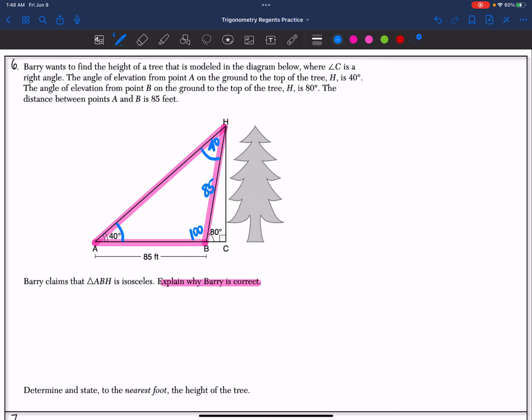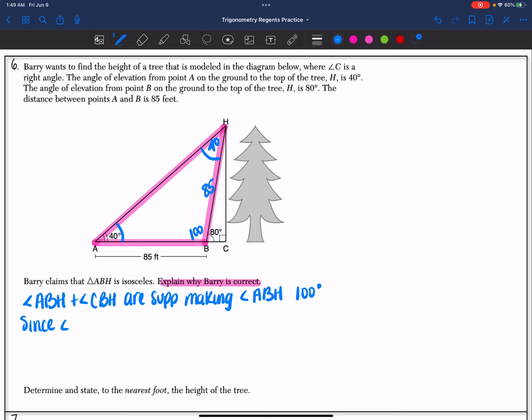So I'm going to first say that angle ABH and angle CBH are supplementary, making angle ABH 100 degrees.